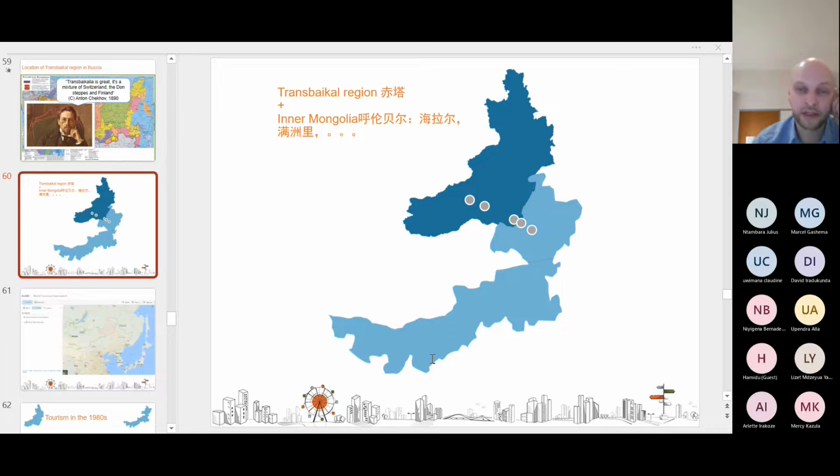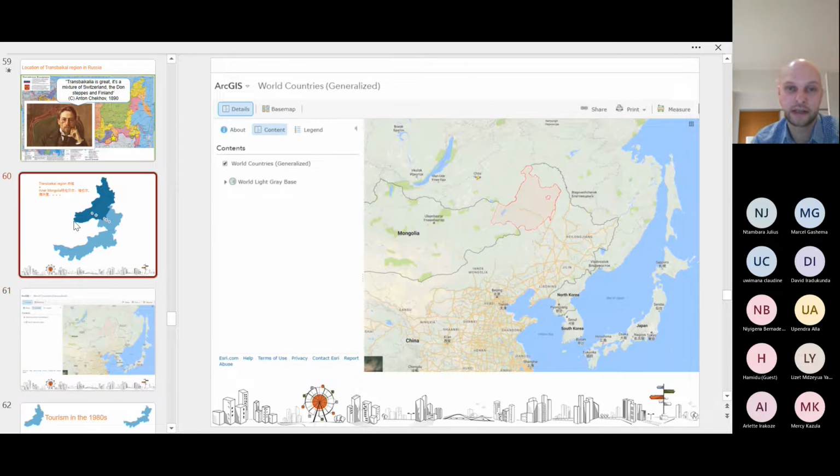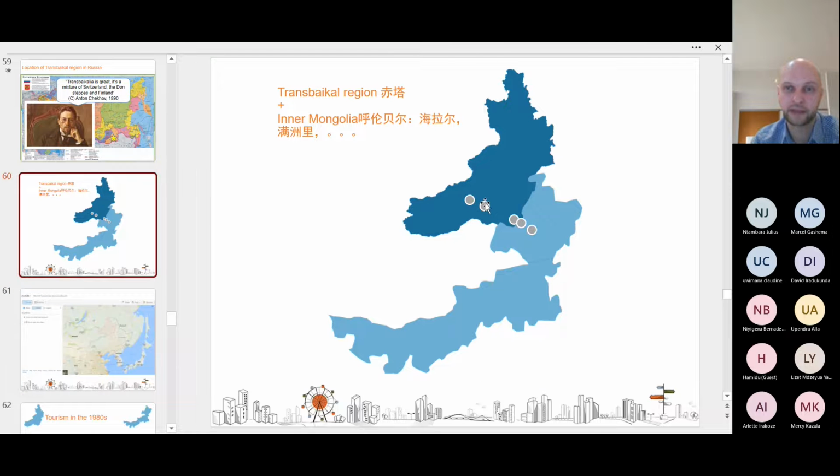And from the 30s to the dissolution of the Soviet Union, Chita was a closed city, and foreigners were prohibited from traveling to Chita. So Chita is here. You can see on this map Japan, China, Russia, Chita, and Lake Baikal. This city is here, the capital.